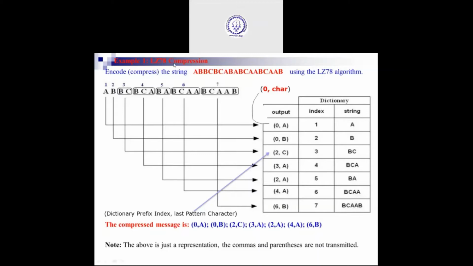Let us apply the LZ78 compression algorithm on string data consisting of certain letters arranged in a certain sequence. The letters are ABB, CB, CA, BAB, CAA, BCAAB. This is just a sample string sequence that we have considered in order to understand the algorithm LZ78.